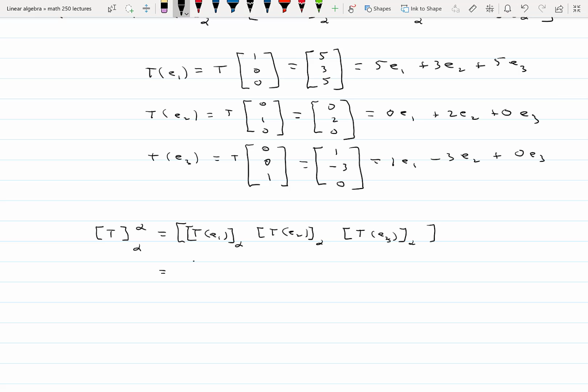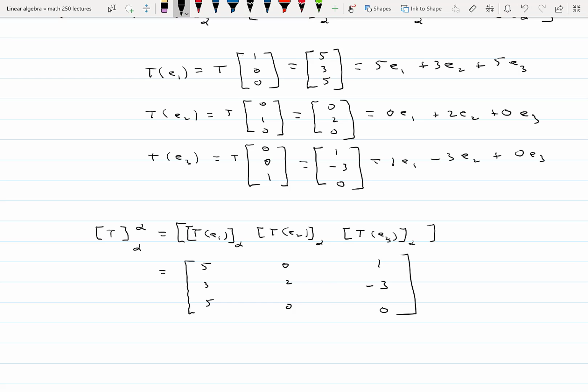So pick off the coordinates. The coordinates are 5, 3, and 5, column-wise; 0, 2, and 0; and 1, negative 3, and 0.